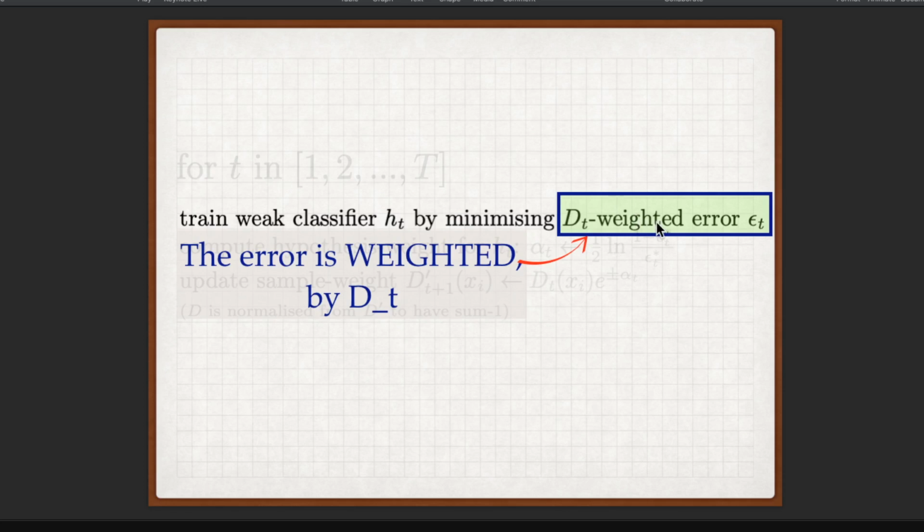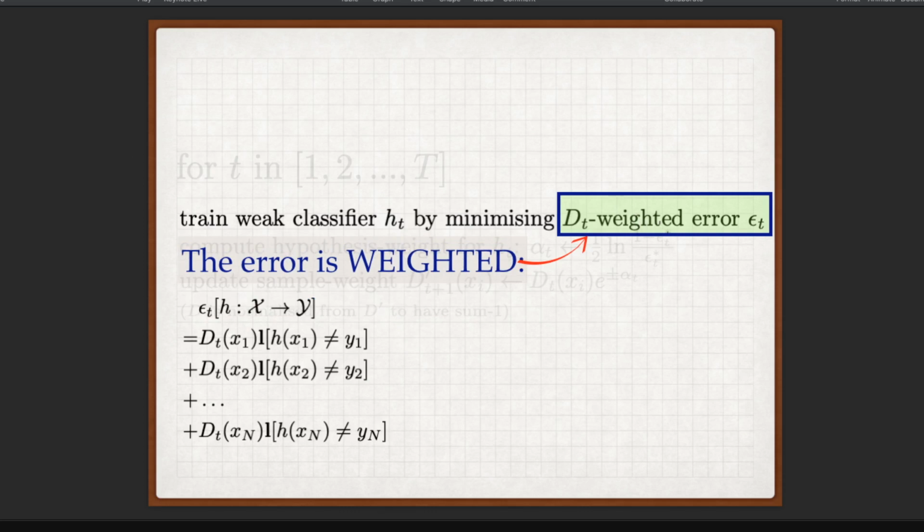So we can see that previously, when we make mistakes at some sample like x1, remember this funny symbol? That means if the condition is true, it returns 1, otherwise it returns 0.